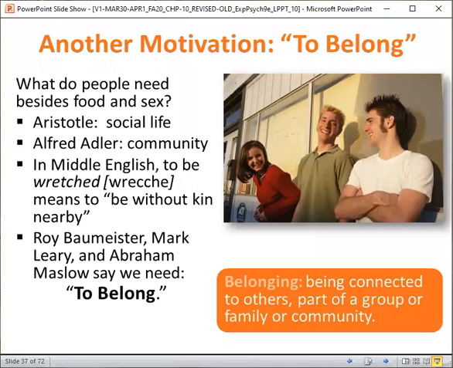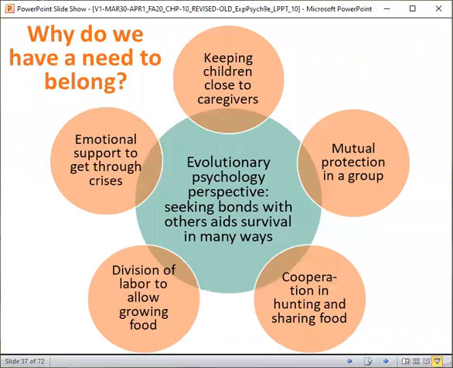Belonging, being connected to others, part of a group or family community, is a very, very powerful thing in our society. Why do we need to belong, and why do we have these characteristics that we inherited from our ancestors? It's because of this evolutionary psychology perspective: seeking bonds with others aids survival in many ways.